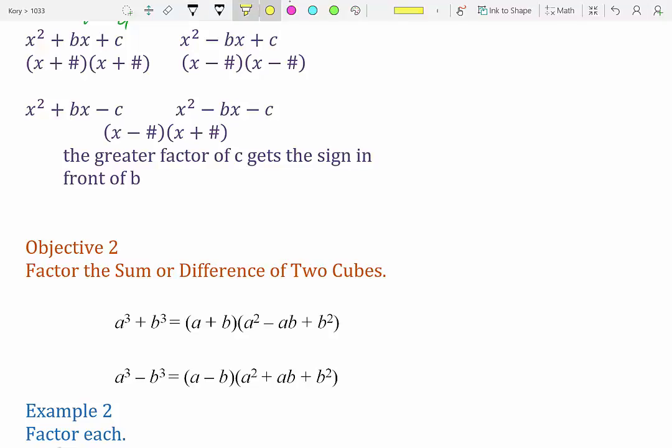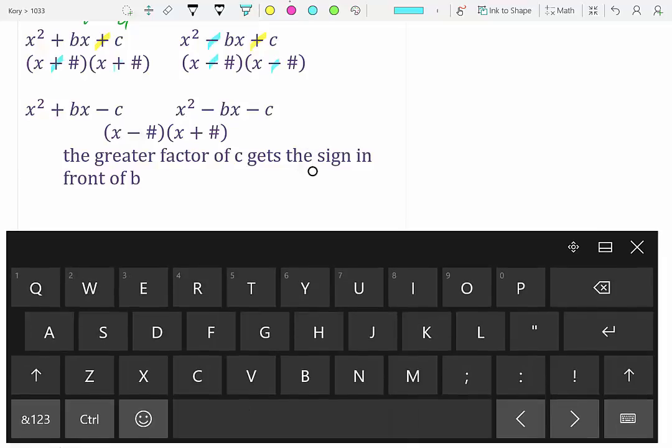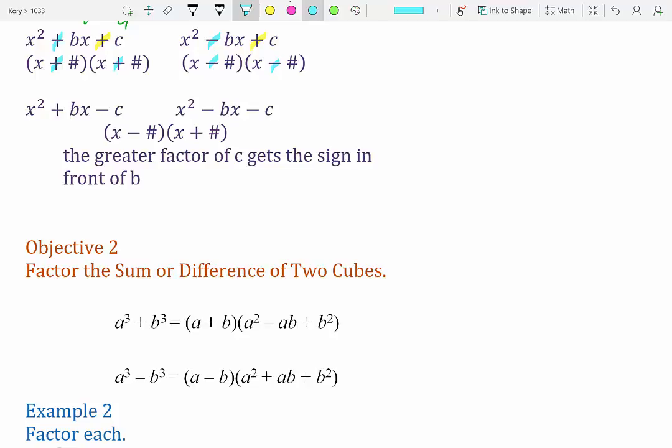So when the c is positive, you have the same signs, and you use the sign in front of b. Now, if c is negative, you're going to have minus plus, and the greater factor of c gets the sign in front of b. That'll make more sense when we go over it in 5.6, but I just wanted to express this early and get it out there.